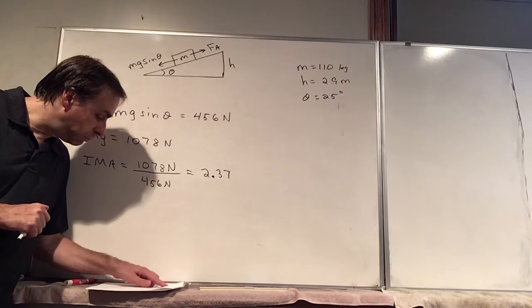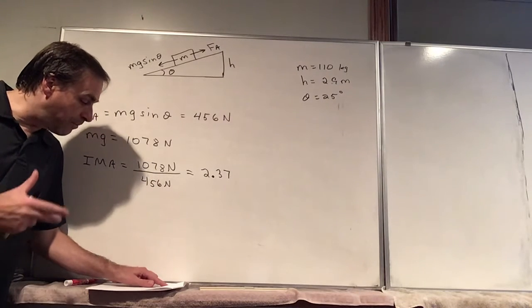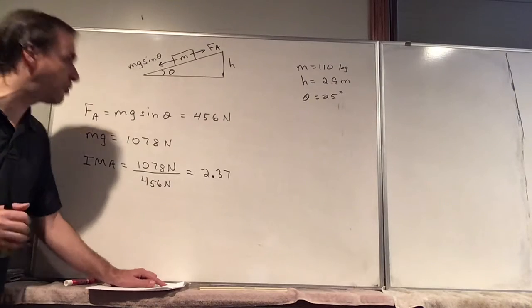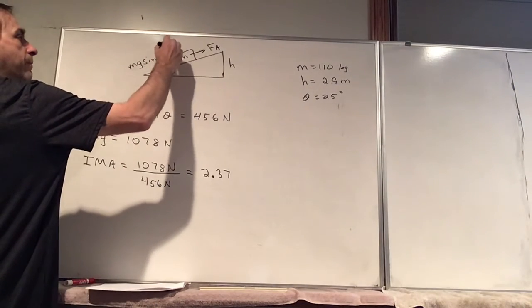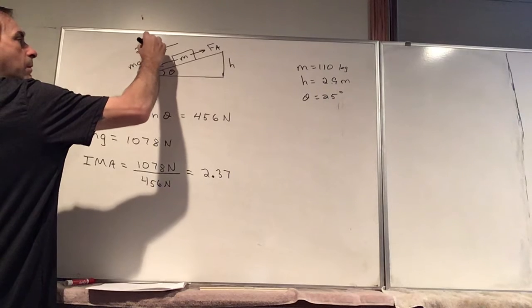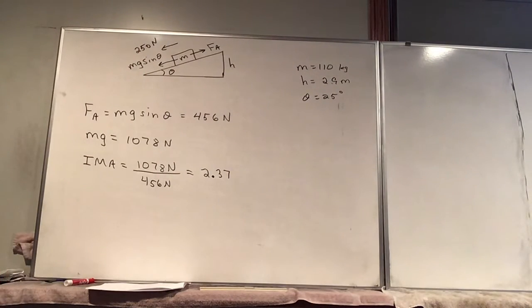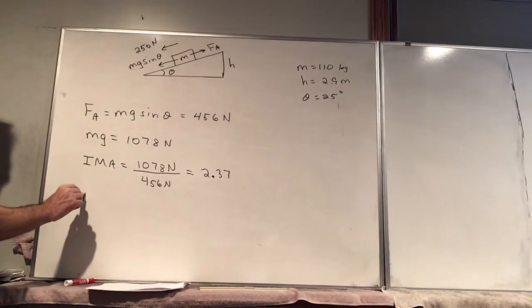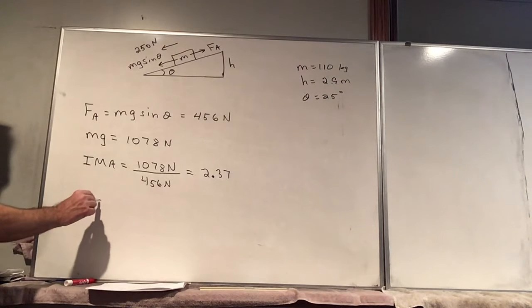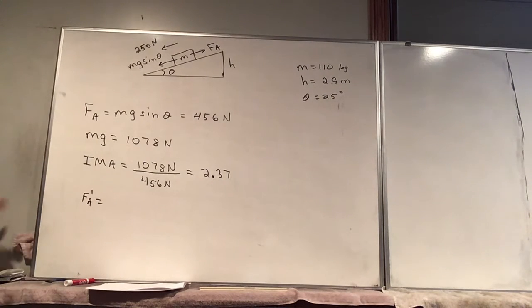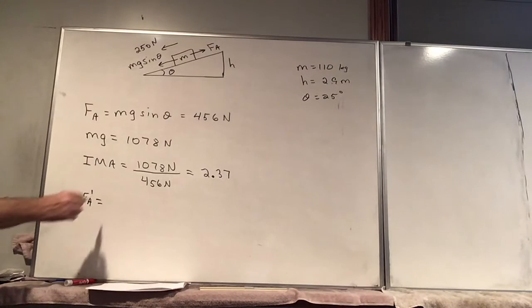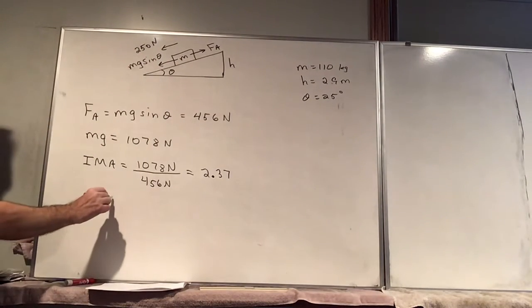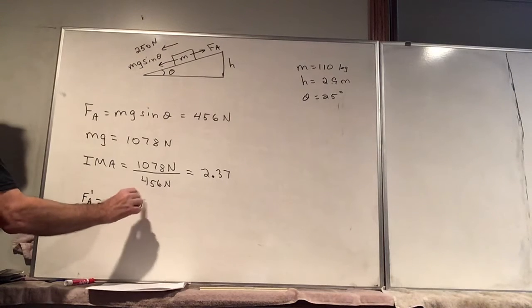So now in part C, we introduce this idea of a frictional force of 250 newtons. And we want to know, if we take friction into account, what is the actual mechanical advantage? So now, in this case, the applied force, I'll put a prime there because we already use applied force there. But that would be, we'd still have to balance gravity, which is 456 newtons.